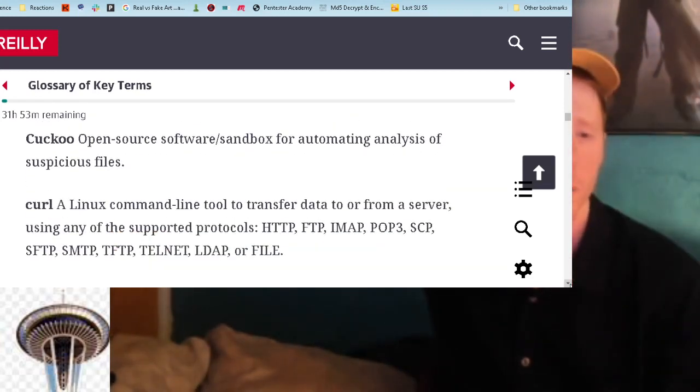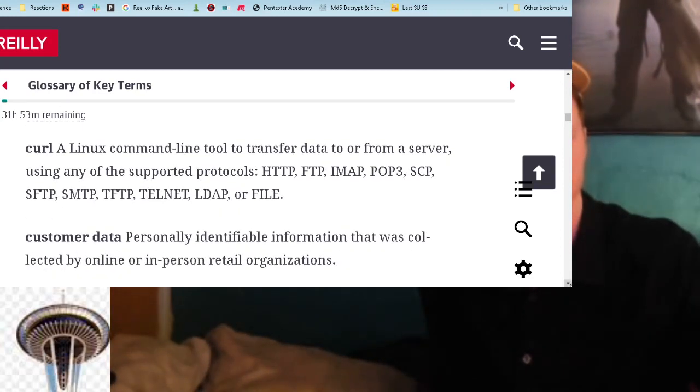Cuckoo, open source software for automating analysis of suspicious files. So it's kind of like a virtual machine. Curl, a Linux command line tool to transfer data to or from a server using any of the supported protocols.